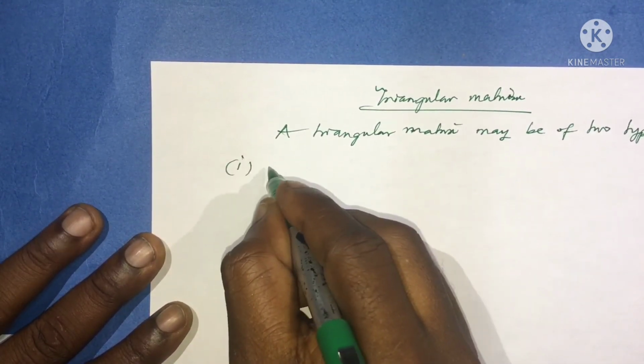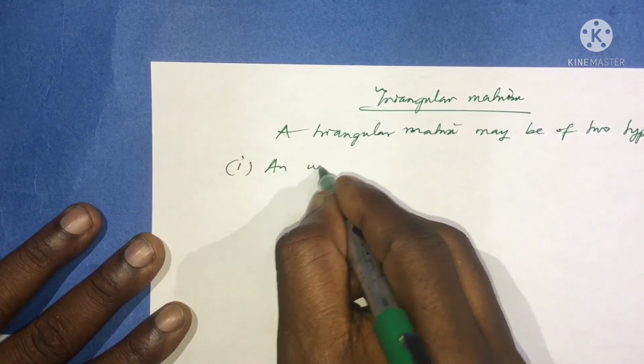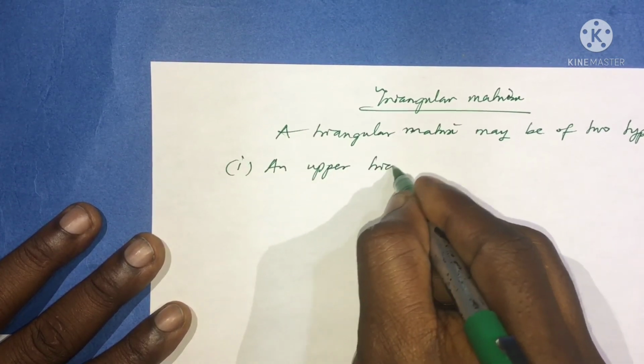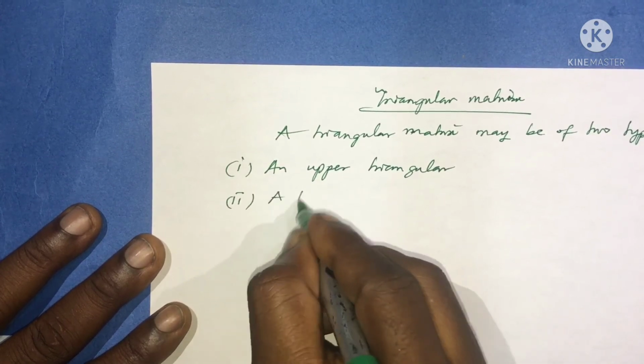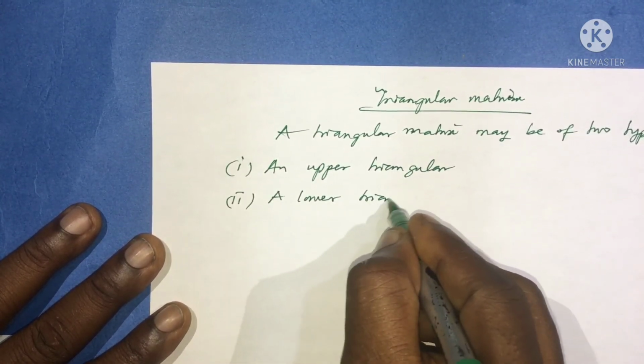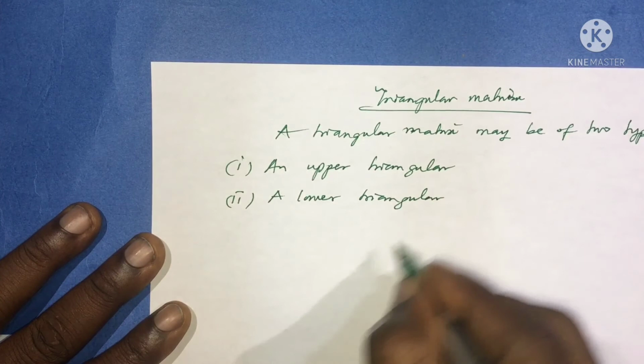One, it could be an upper triangular matrix, or it could be a lower triangular matrix.